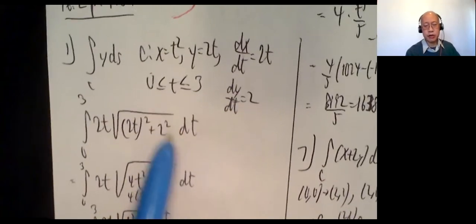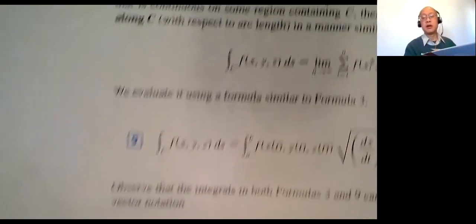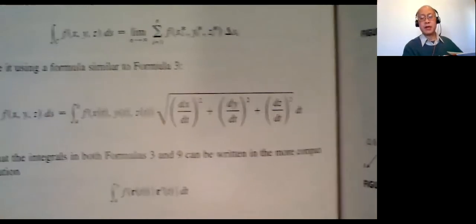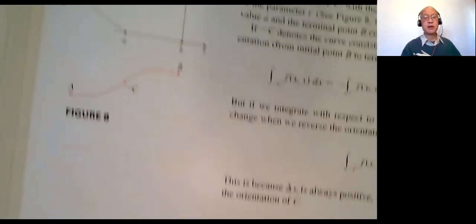If there was a z component, then there'd be a dz dt squared also, right? I think it's easy if you just look at the 3-dimensional version, number 9 here. And if it turns out to be 2D, just drop off the dz dt. Page 1080.